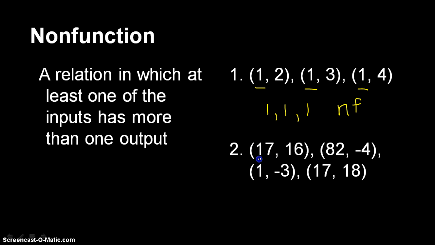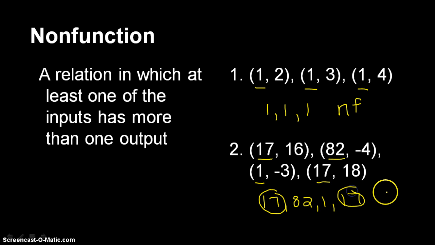Similarly, we have 17 and 16 together in example 2, 82 and -4, 1 and -3, and 17 and 18. Our domain is 17, 82, 1, and 17. The number 17 repeats and has 2 y values to go with that one input, so this is not a function.